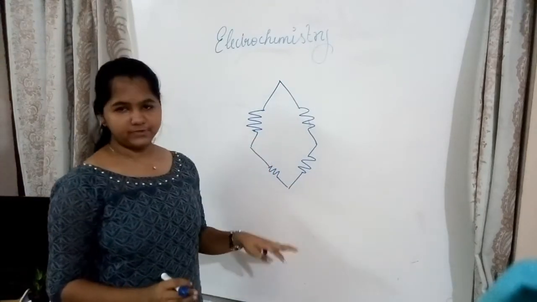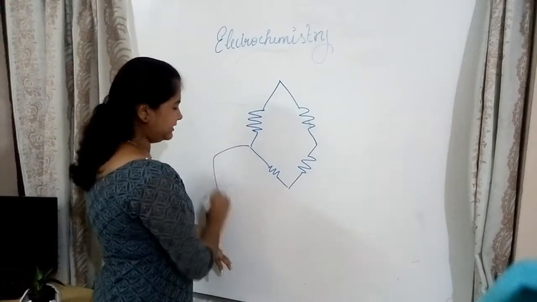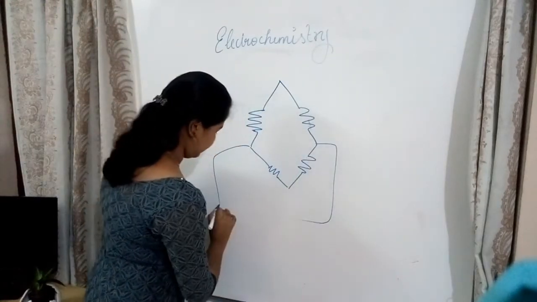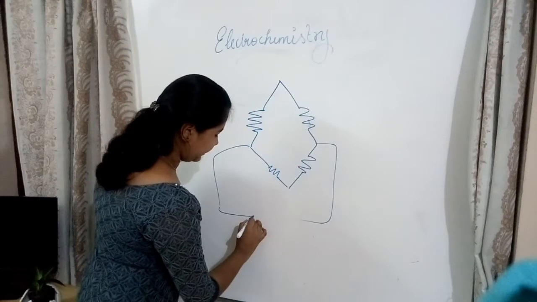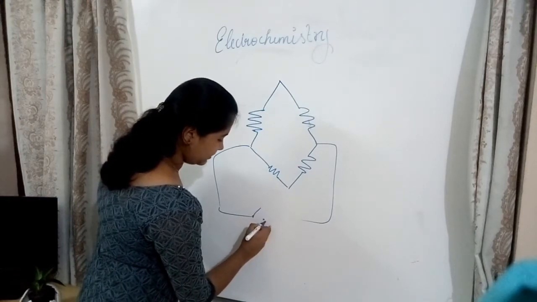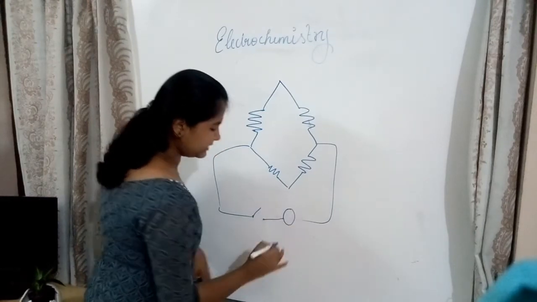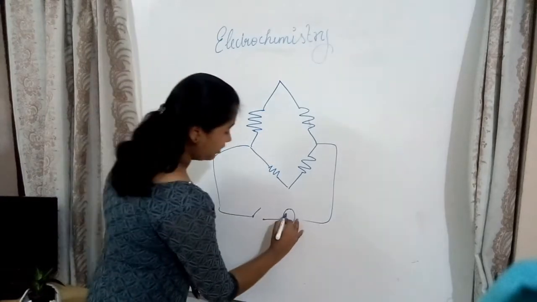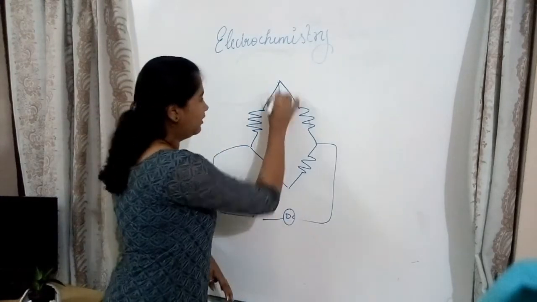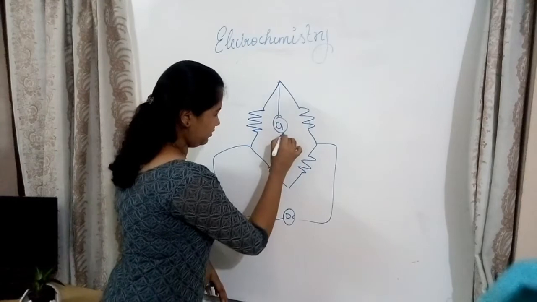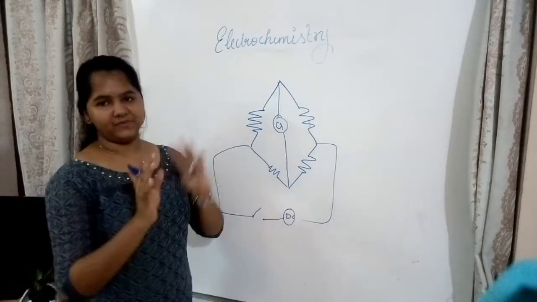It has 4 arms and is connected by a key. The key is open and here there's a DC current for a normal Wheatstone's bridge. This is a normal Wheatstone's bridge.